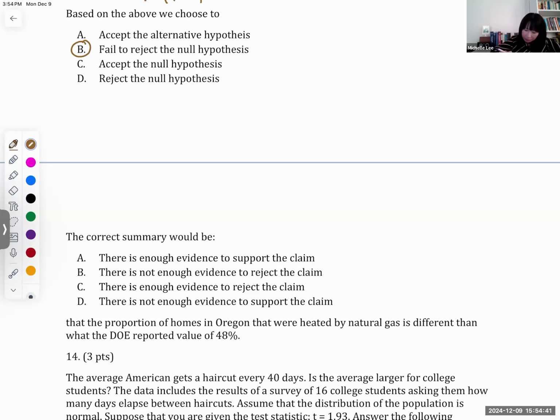Fail to reject, D: there is not enough evidence to support the claim. Excellent. Very good. Good job.